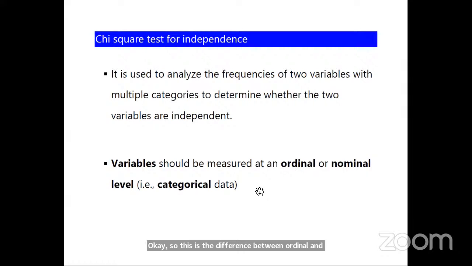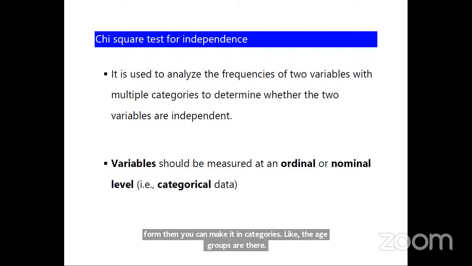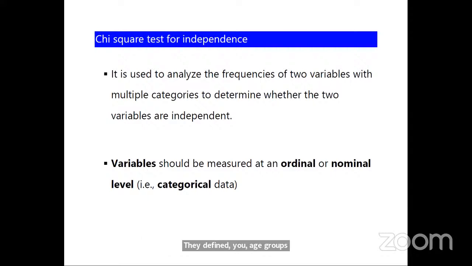For both types of data, you can use the chi-square test of independence. And although suppose you have the data in continuous form, then you can make it into categories. Like suppose age groups are there, then divide them into teenagers or youth or senior citizens, right?